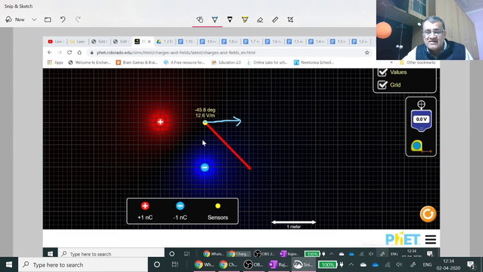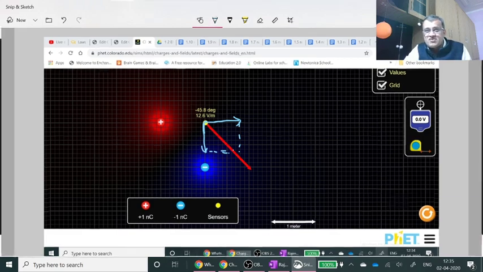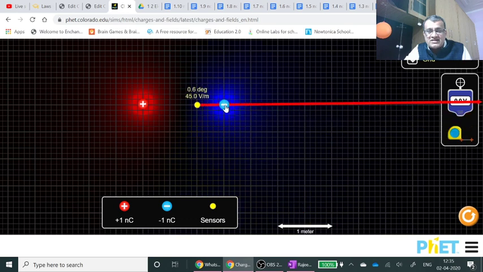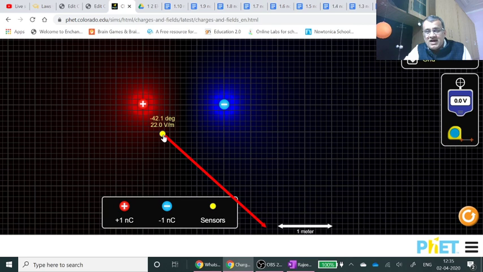Due to the negative charge, the field at this point is towards the negative charge, say down like this. So the net electric field because of these two is in this direction. There is a very popular form of this question in which these two charges are placed somewhere like this, and this becomes an electric dipole.